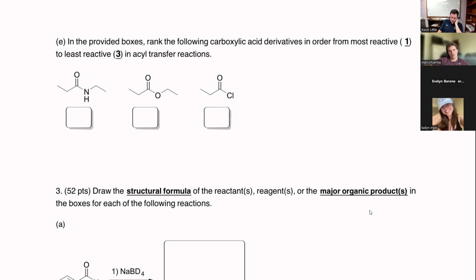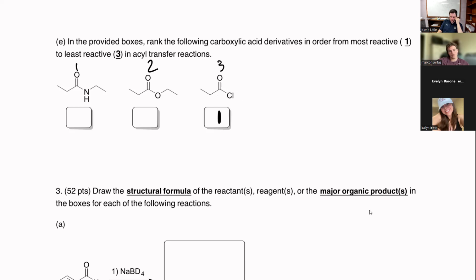Which one's going to be most electrophilic? One, or I guess 1, 2, or 3, and why? I think 3 because there's a leaving group. Yeah, this is the best leaving group, right? It's also the most electron withdrawing, which makes this more positive. So because of that, this is the most reactive.